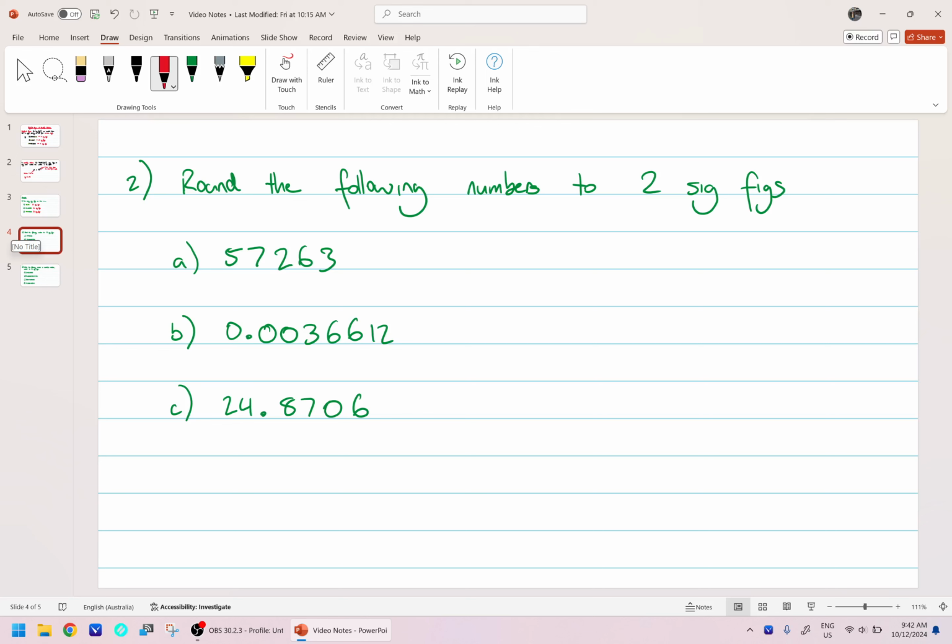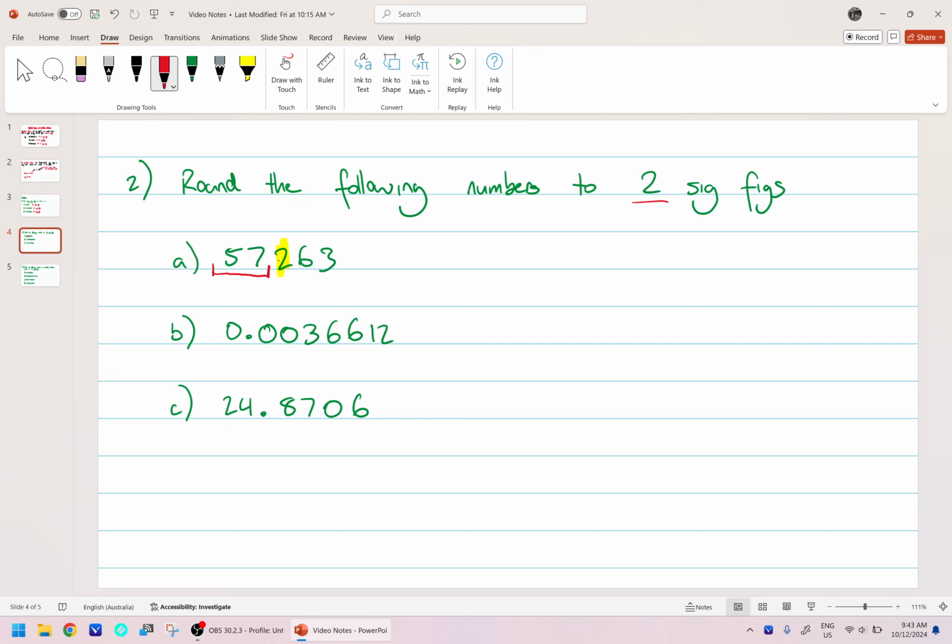So what we do here is sig figs are always based on finding the first non-zero number. In this case, the first non-zero is a 5, and we want to do 2 sig figs. So we're going to go across 2 places until we get to there. So we've gone across 2. The number after 7 is a 2, and the normal rules of rounding apply here. So if that number was 5, 6, 7, 8, or 9, we would round up.